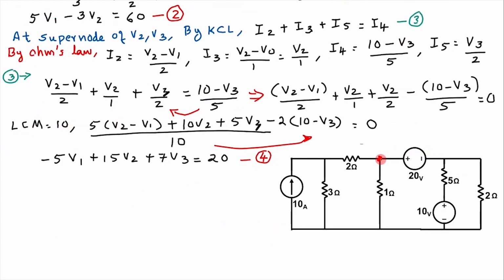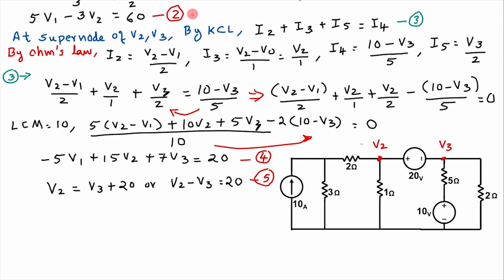Here, for the supernode developed by V2 and V3, V2 is at the positive side, so V2 is 20 volts more than V3. This can be written as V2 is equal to V3 plus 20, or V2 minus V3 is equal to 20, which is equation 5.